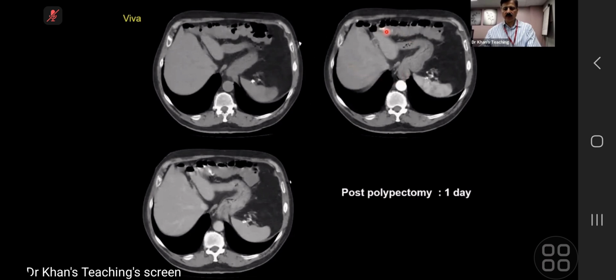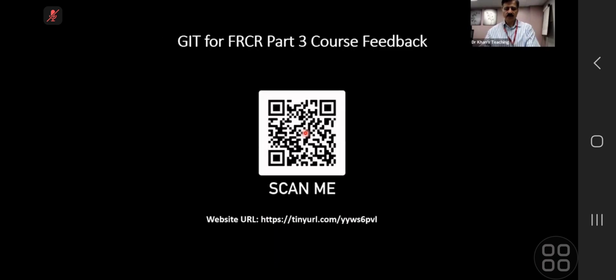There is a bit of enhancement, so active bleed. Non-enhanced, there is nothing, and on delayed, it further spreads. But the key thing is to ask for a non-enhanced. In the same scenario, they will also ask about protocoling, because how will you protocol it? In these kinds of studies, an unenhanced scan is critical.